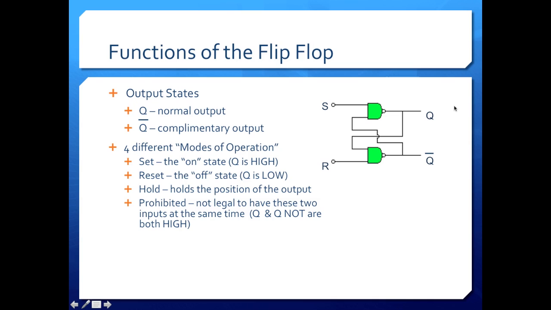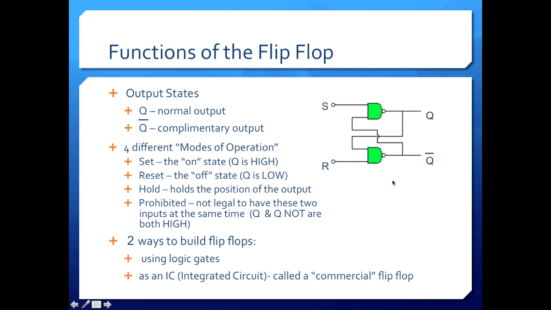We say that it's not legal or not allowed that these two inputs occur at the same time, resulting in outputs which result in Q and Q naught being the same. For example, if Q and Q naught are both high, that's impossible because they're supposed to be opposite to one another. So we call those states prohibited.